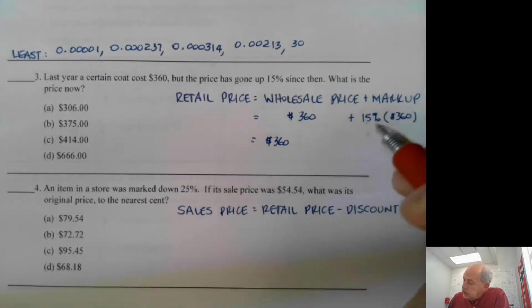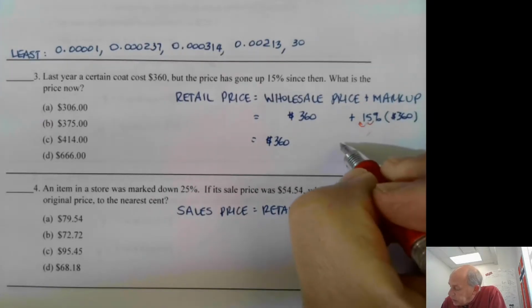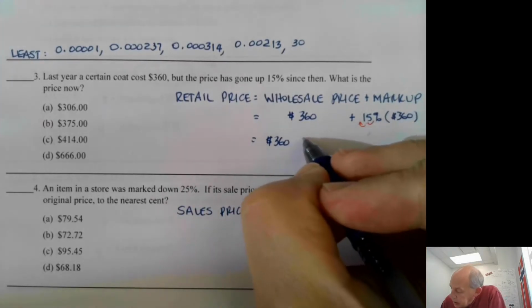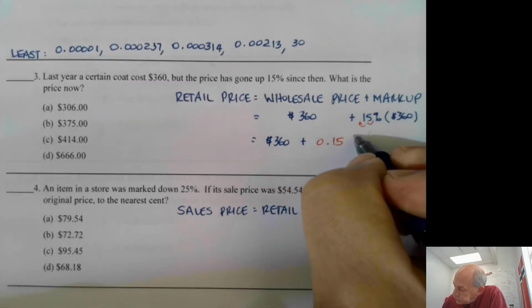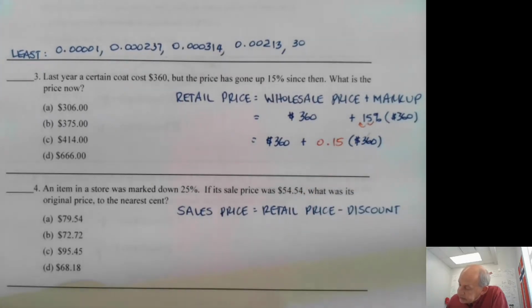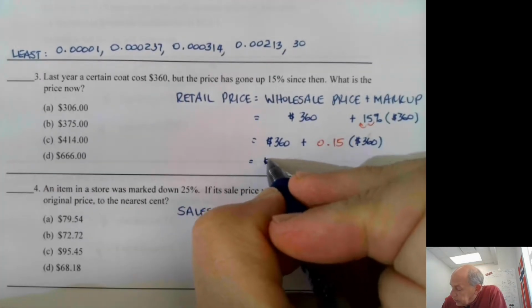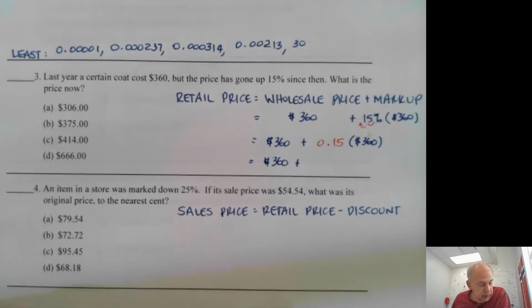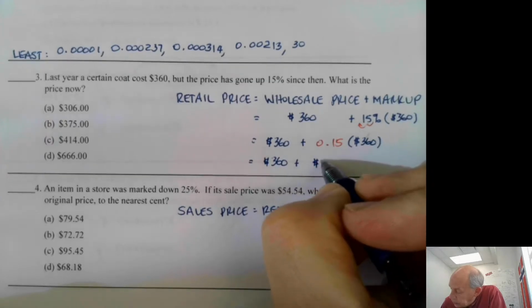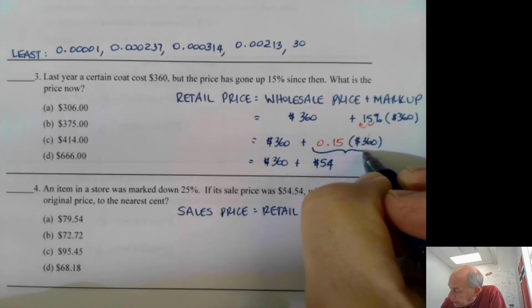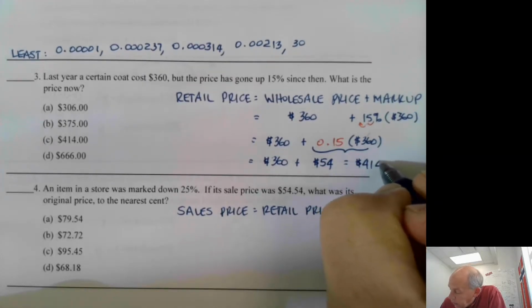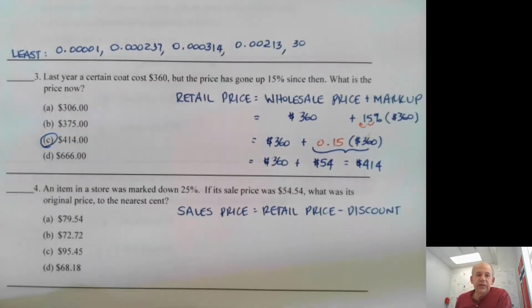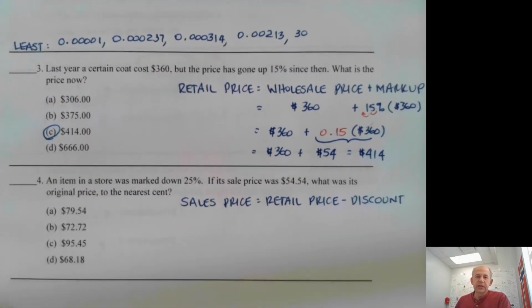It's been a while since we've done these. Don't forget to move your decimal over 2 places. So this is going to be 360 plus 0.15 times 360. Those 2 multiplied, 0.15 times 360 is 54. That would be $414. That is in multiple choice format. That's the way you're going to see it on your final. So there's how you do number 3.